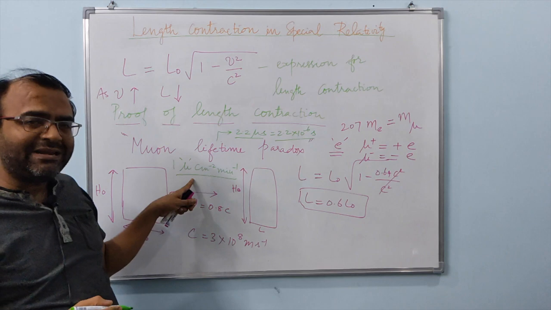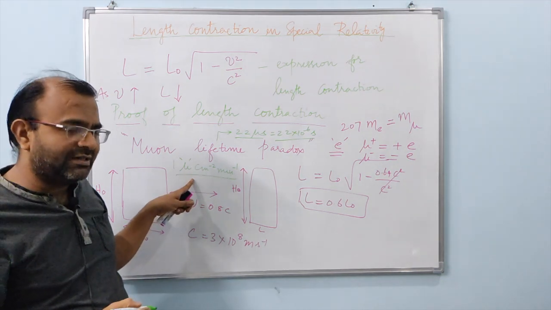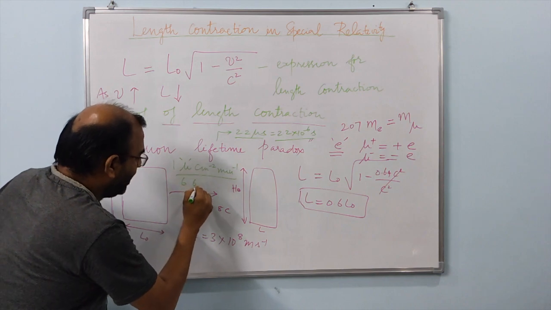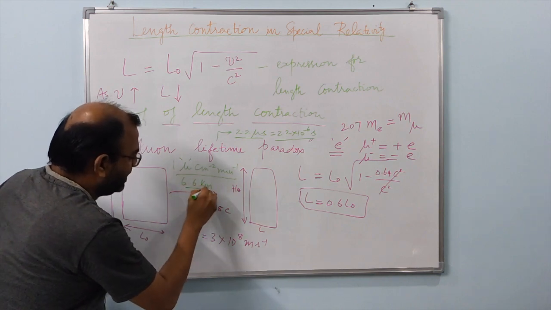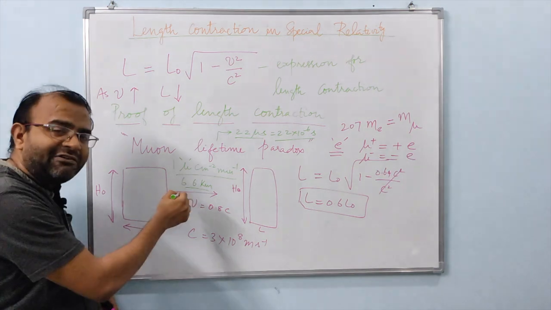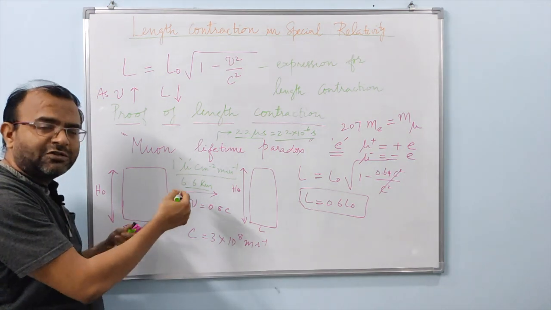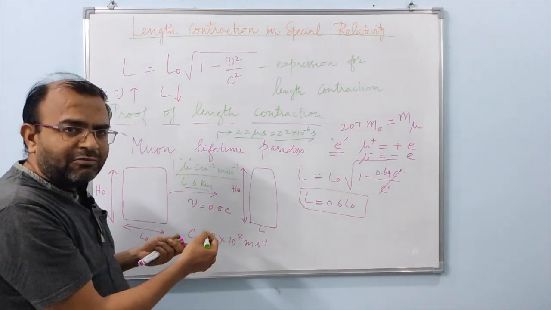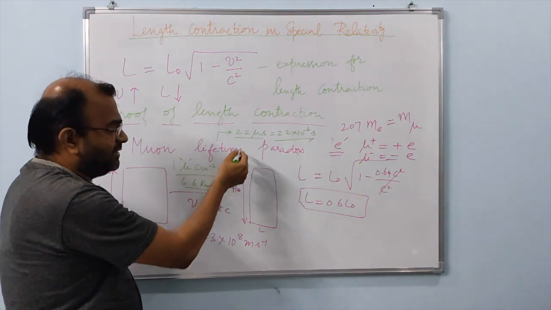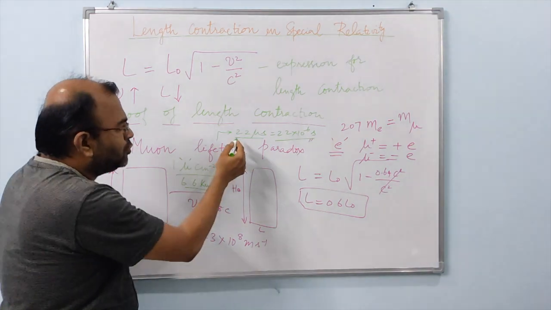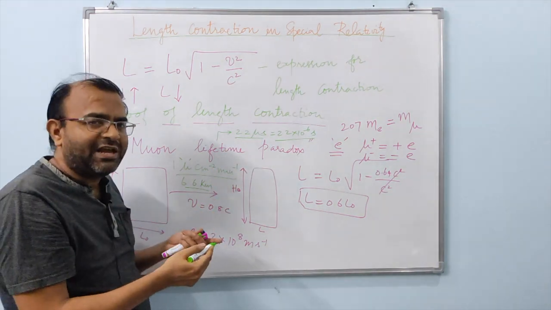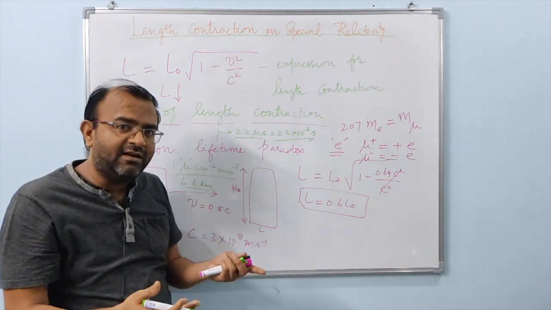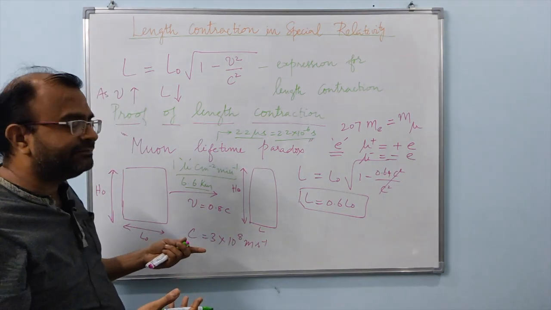For these muons to reach the surface from about 6.6 kilometers, where they are created by the collision of cosmic ray particles with molecules in the upper atmosphere, they would have to decay in about 2.2 microseconds after creation, but they are able to reach sea level without decaying.